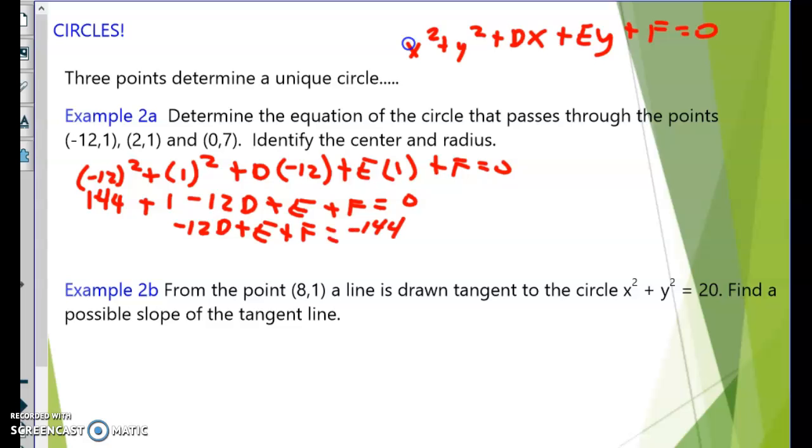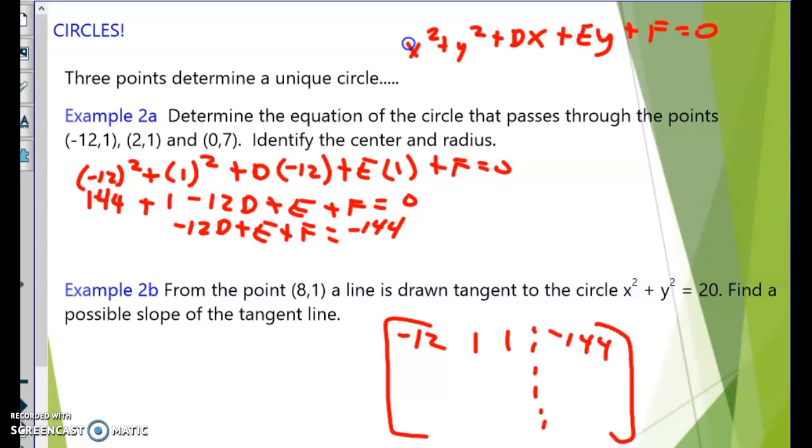In my matrices, I'm going to write it down here, and I'll erase it when I do the next one. My first row of my matrices is going to be negative 12, 1, 1, and negative 144.